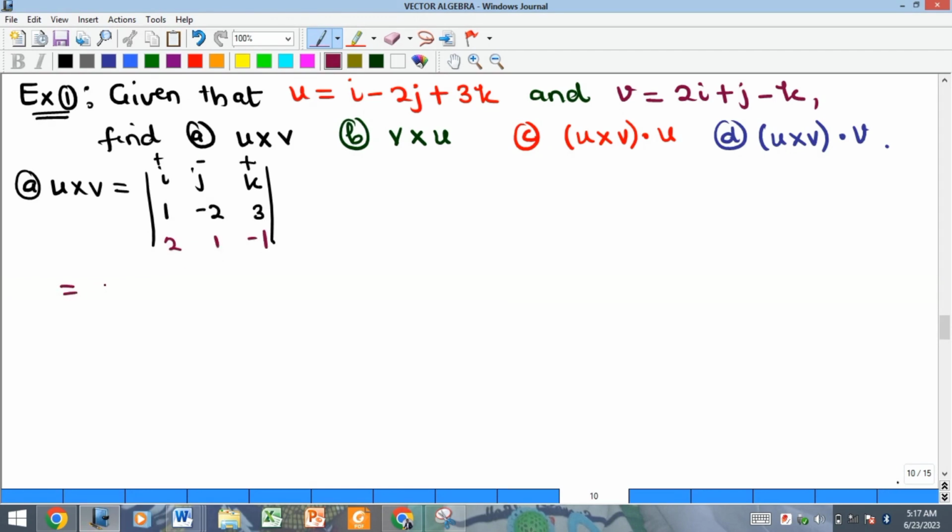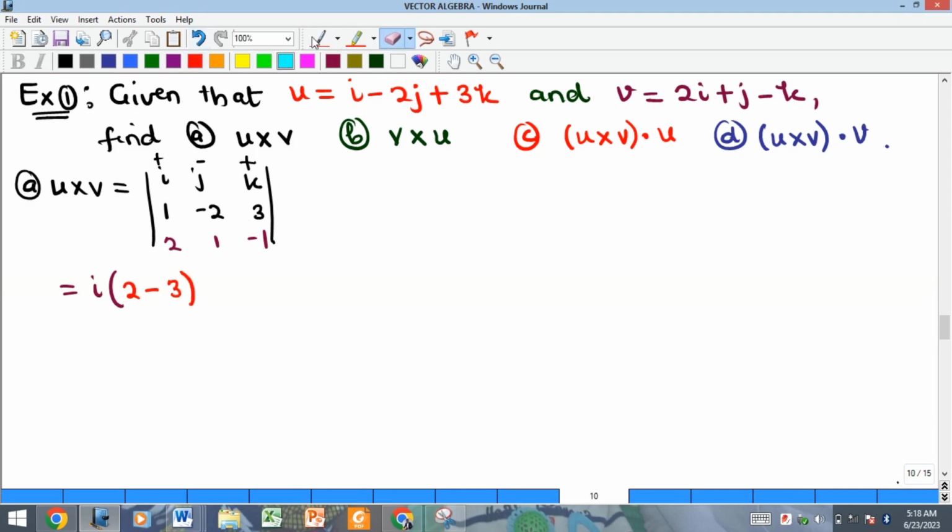My cross product is going to be, I'll begin with i, and that is going to give me minus 2 times minus 1, which is positive 2, minus my 3 times 1, which is 3.